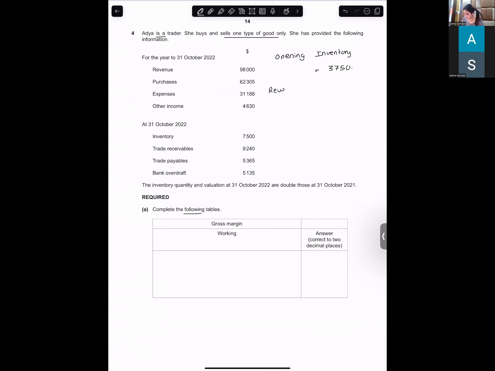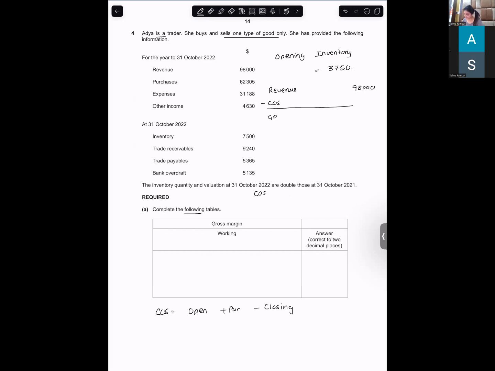Revenue is 98,000 minus cost of sales will give me gross profit. Cost of sales is opening inventory, add purchases, minus the closing inventory.